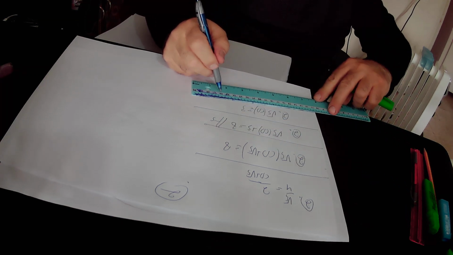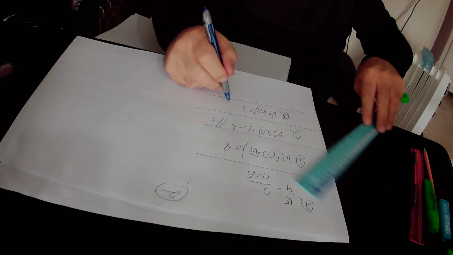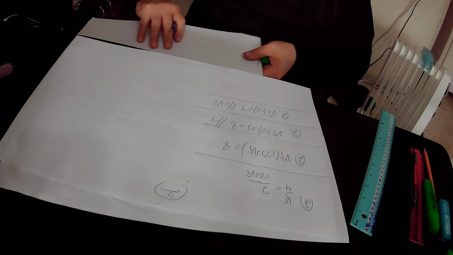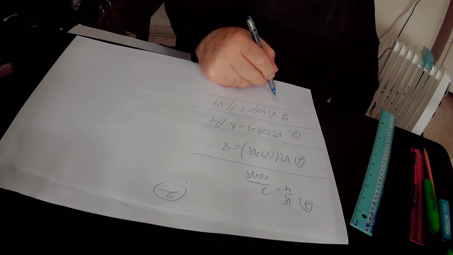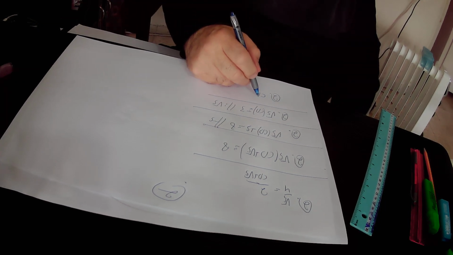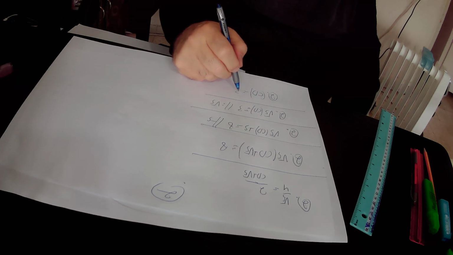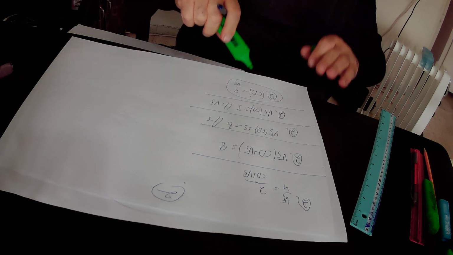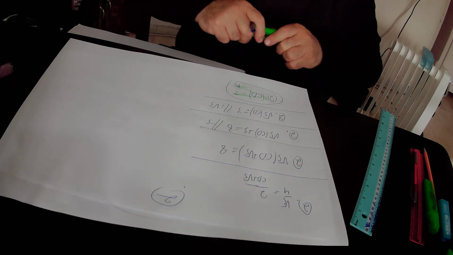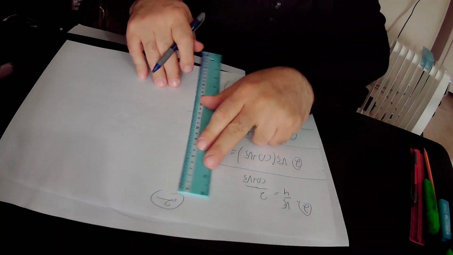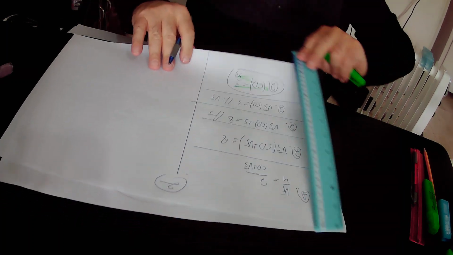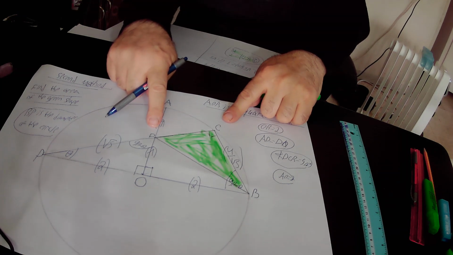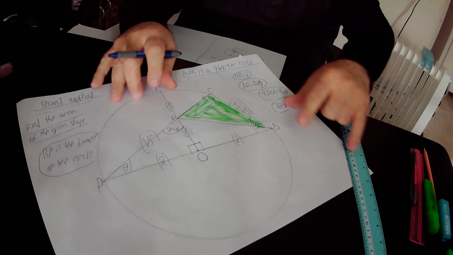Here we divide by square root of 5, and finally we get that the missing side CD equals 3 over square root of 5 units in its length.